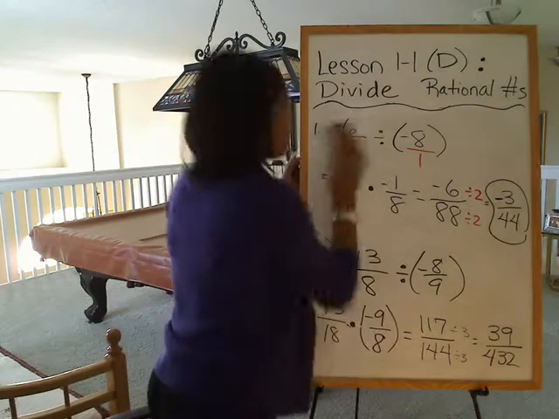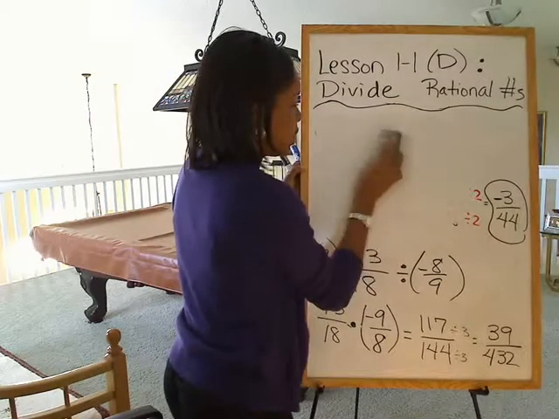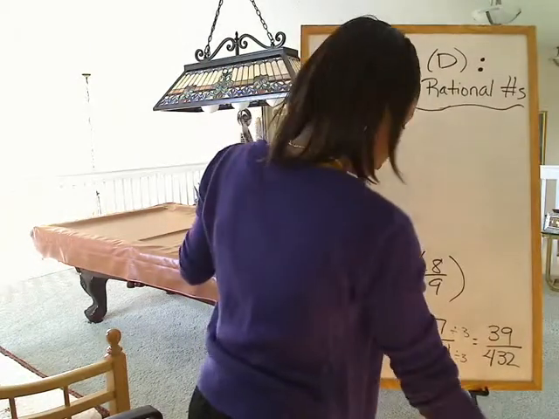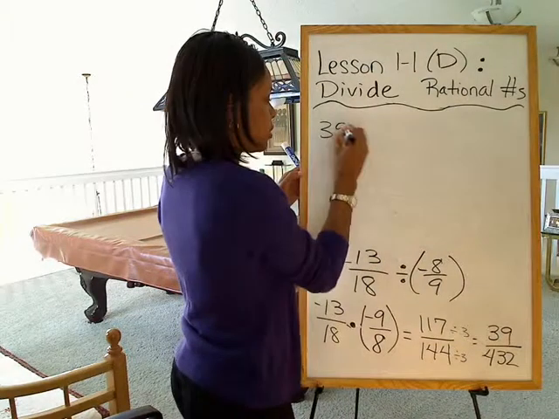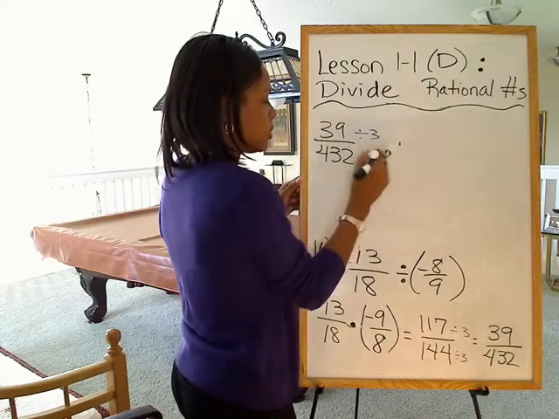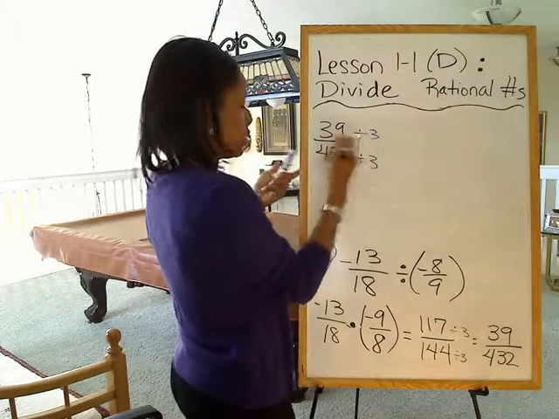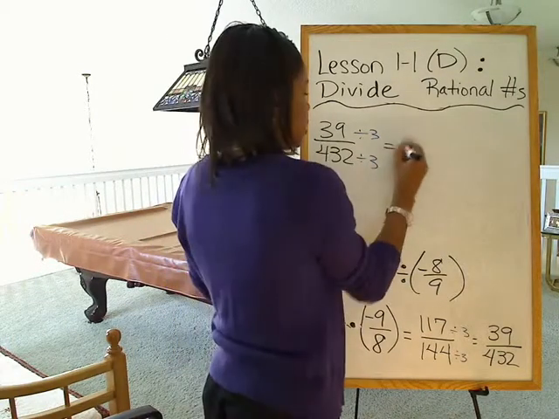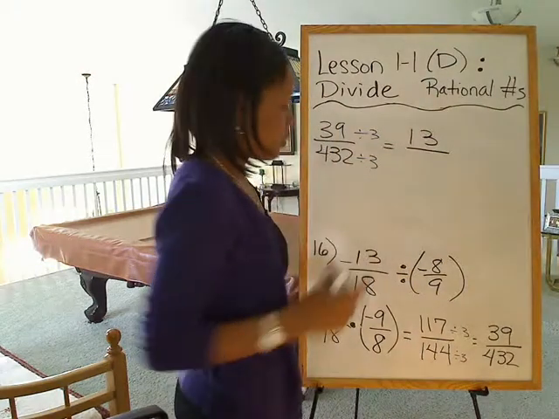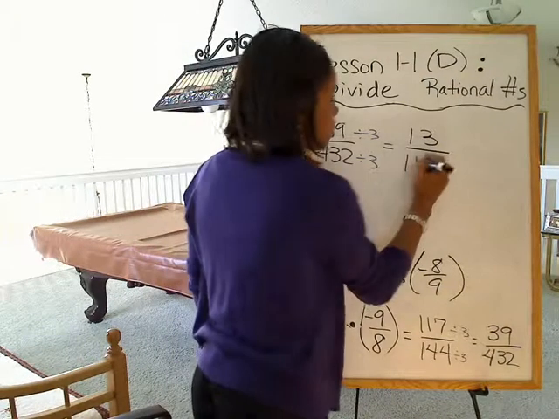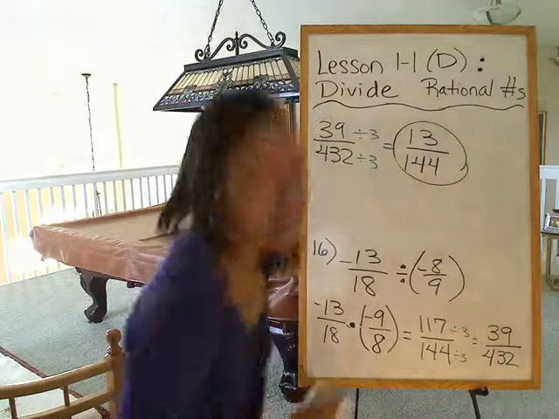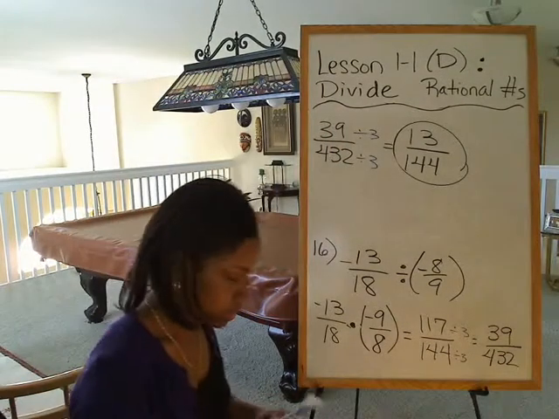See, sometimes I don't know what the greatest common factor is, so I just have to keep simplifying until I can't simplify anymore. So if I divide by 3 again, I knew that I could divide 39 by 3. That's what gave me a hint. And I get 13. 39 divided by 3 is 13. 48 divided by 3 is 16. Now I'm finished. Nothing else can go into 13 and 16. And so I'm done.